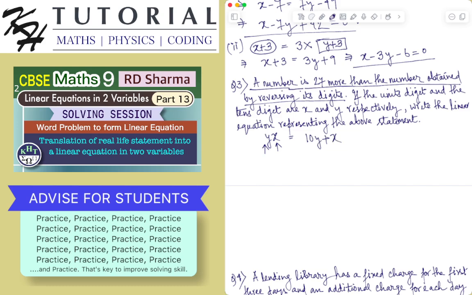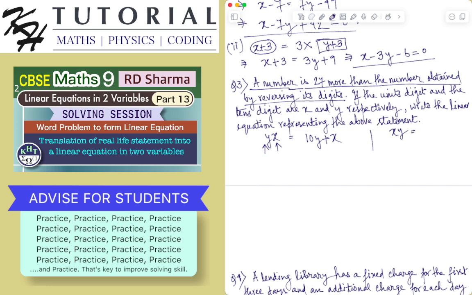Now, the number originally is 10y plus x. When we are reversing its digits, the number becomes xy. That is, now y is representing the units digit and x is representing the tens digit.